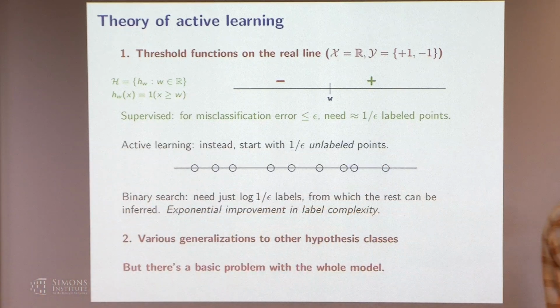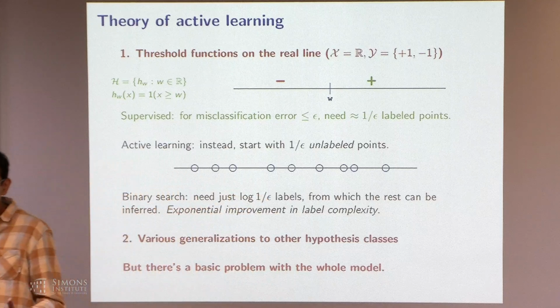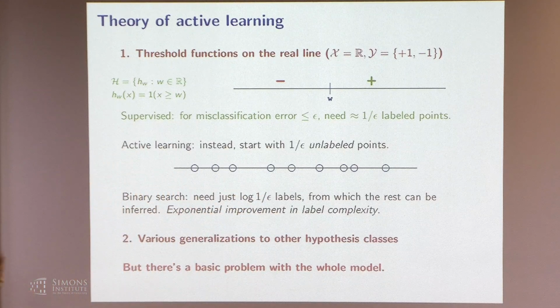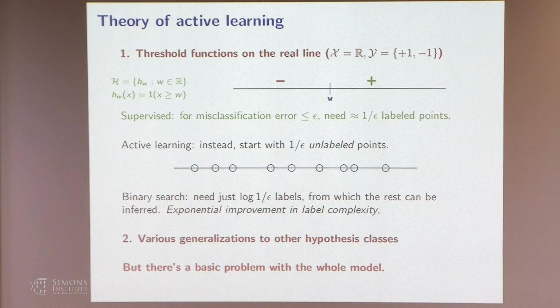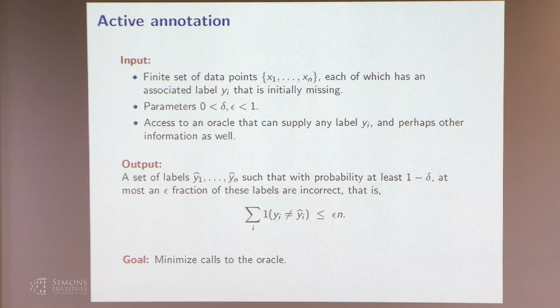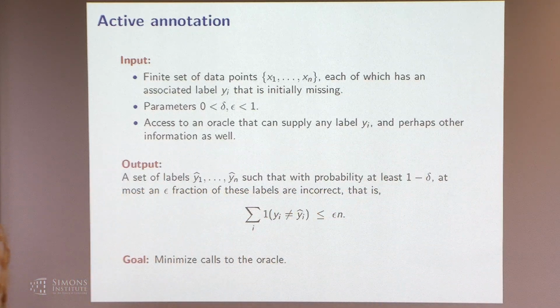So this problem formulation is not compatible with the typical way in which classifier development takes place, where there are iterations in which different models are tried. And so what I would like to suggest is a variant of the problem that you can call active annotation. Here, the final product is not a classifier, but a full labeled data set.